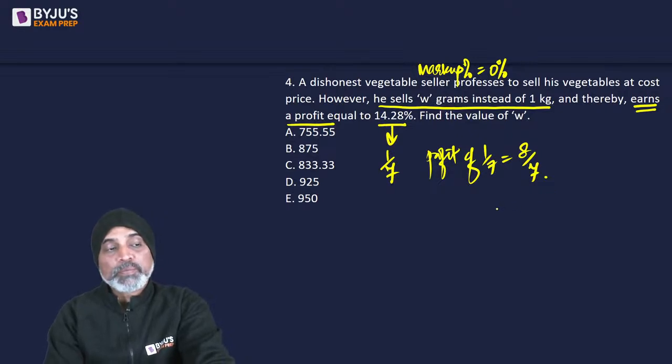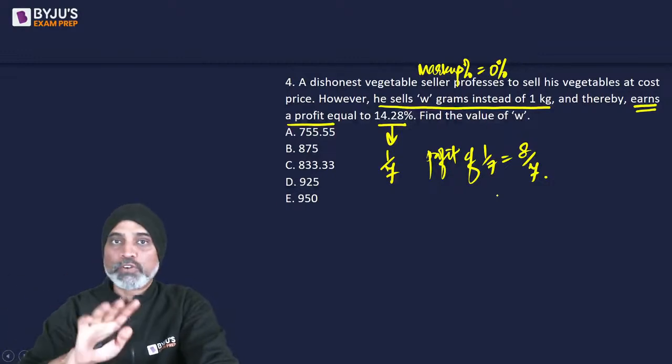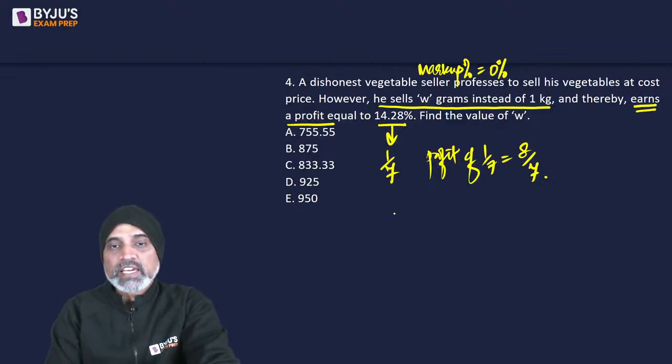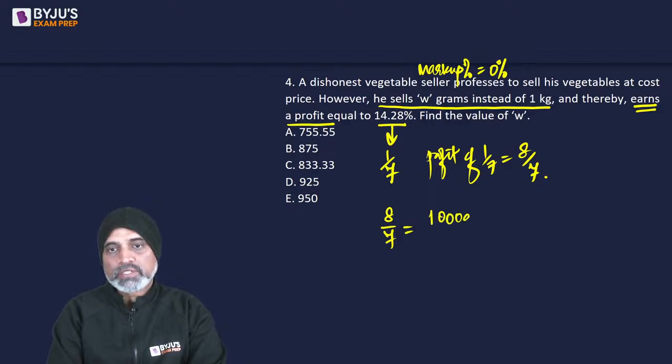Now, he is supposed to sell less than 1 kg of the commodity so that he earns profit, because he will be giving away less than 1 kg of commodity, but he will be getting the money for 1 kg only, right? So we can say that this 8 by 7 is equal to the 1 kg that he sells instead of, so this is 1 kg or 1000 grams, and this is going to be W grams.